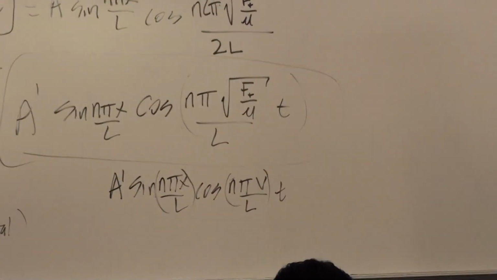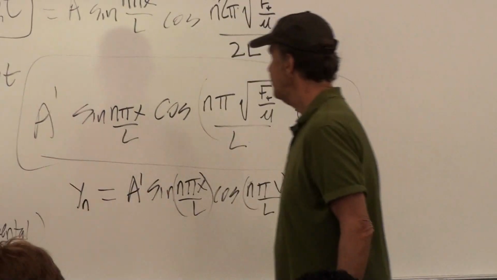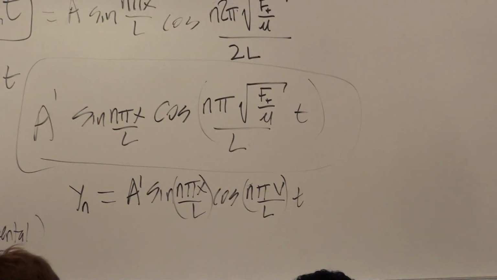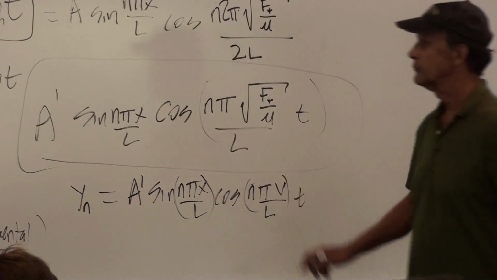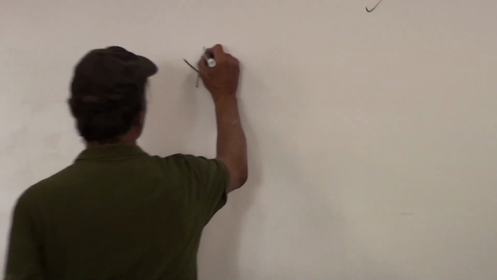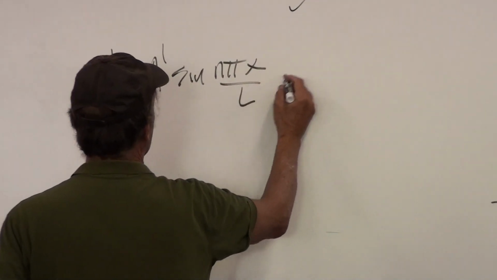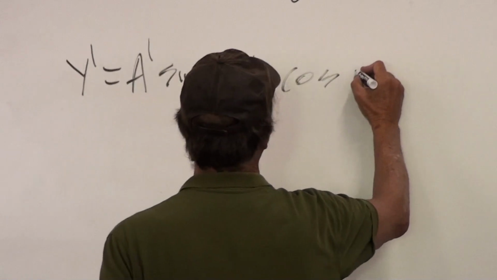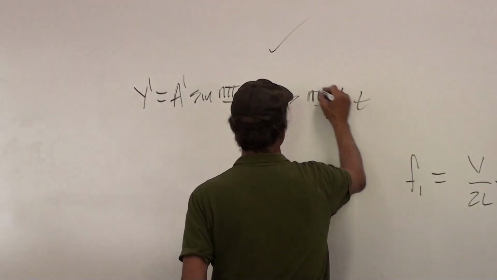And this gives us an expression then for the amplitude of the nth harmonic at any point in space and time. So I'll write that again over on this one. This is kind of our final result for this. Y prime equals A prime sine n pi x over L cosine n pi v over L times t.